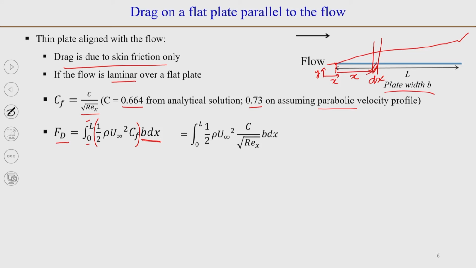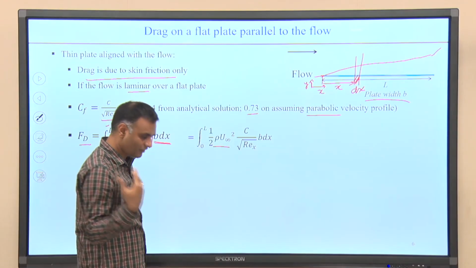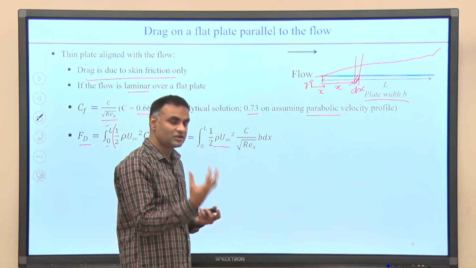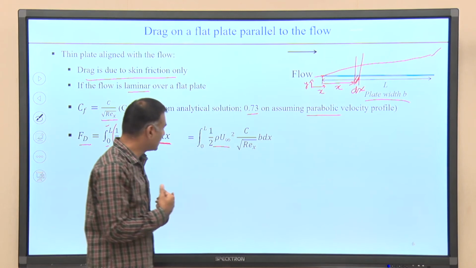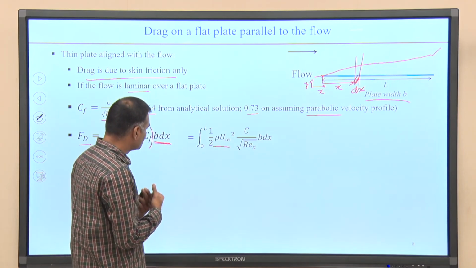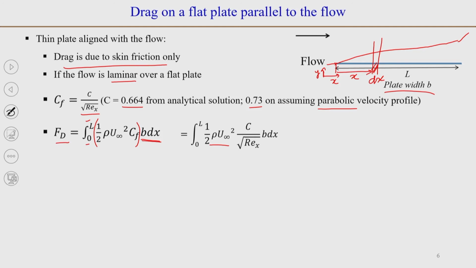and because half rho u infinity squared is a constant, remember, for a flow over a flat plate, when the flow is uniform, u infinity is a constant, it does not depend on x. So, we can just take half rho u infinity squared, C and B all out of the integral, and we can expand Rex. So, we can write it as rho u infinity x by mu. Now, again rho u infinity by mu is constant.